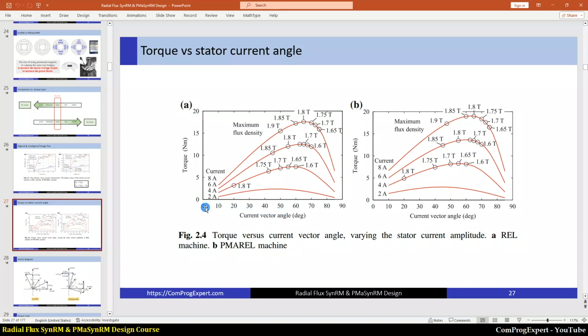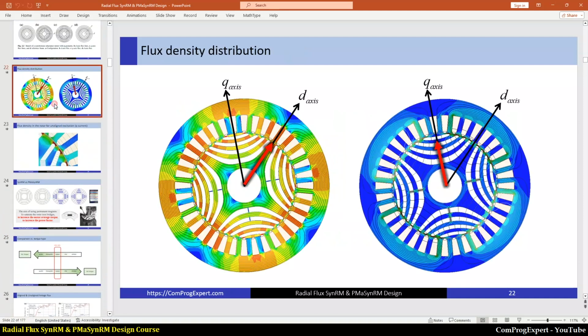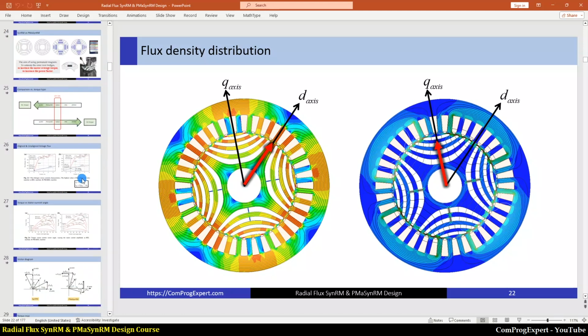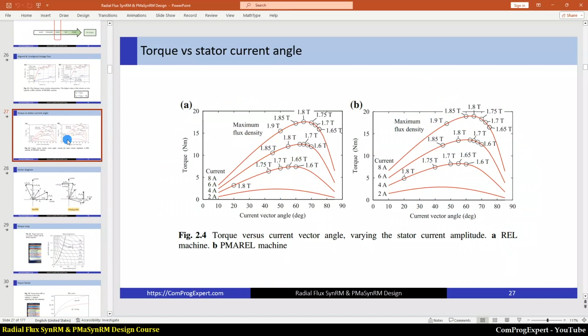As you know, when the value of current angle is 0, the value of electric torque is 0. And when the value of current angle is equal to 90 electric degrees, the electric torque is 0. The frequency of the reluctance torque is 2 times the frequency of the alignment torque.